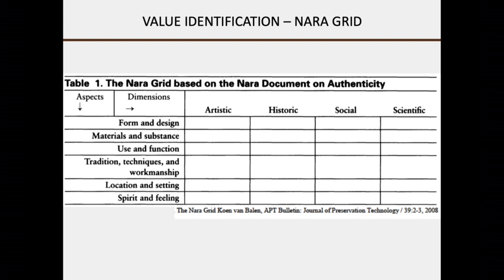Also, it looks at the use and function of the place as one of the aspects, and elaborates each value for the use. By having these different attributes and aspects of heritage and elaborating each value typology for them, it allows us to take into consideration and understand how changes are likely to affect significance.